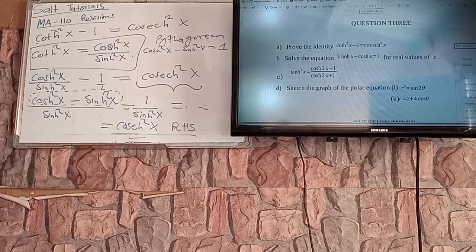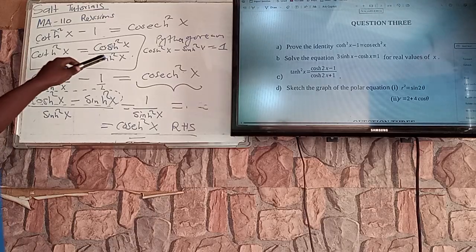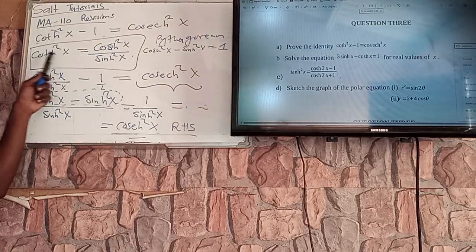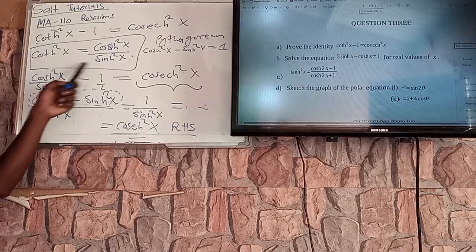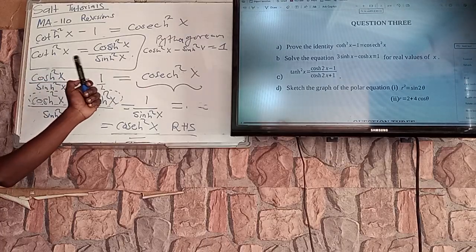Every time you're solving trigonometric identities, or proving identities, the only task you're required to do is memorize or be able to remember the identities, which will help you prove other identities. What helped me to prove this identity is recalling the quotient identity for cot, and also recalling the Pythagorean identity for the hyperbolic functions.